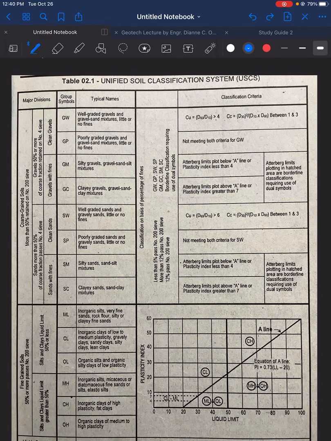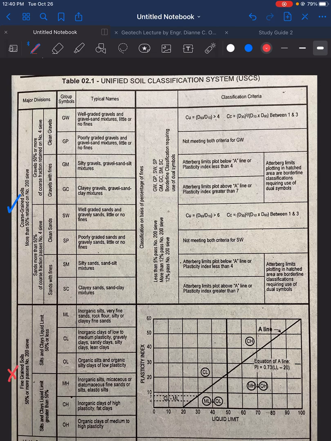So 33% passing, 67% retained. Therefore, it says here more than 50% retained on number 200 sieve. So we will be choosing the upper portion. Cross out the lower portion.